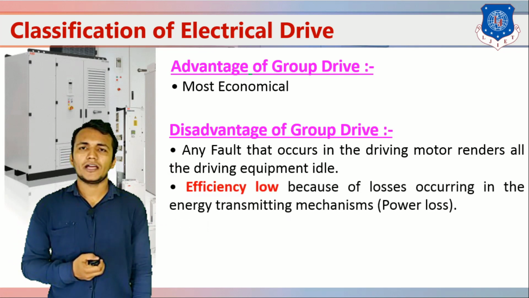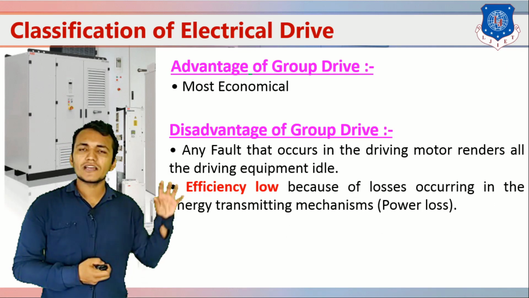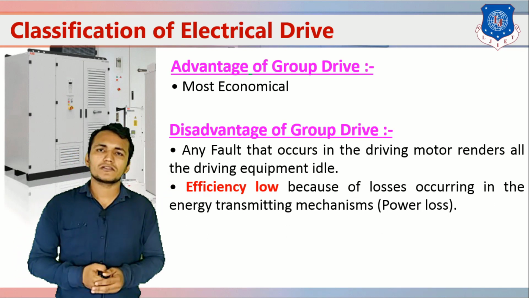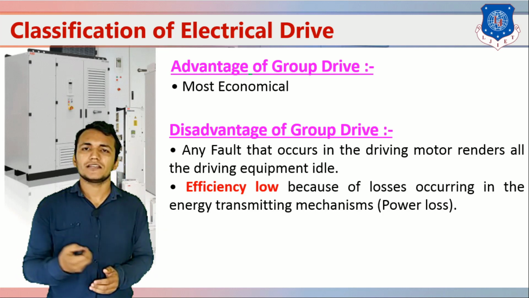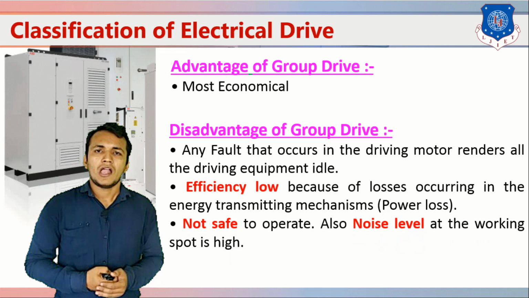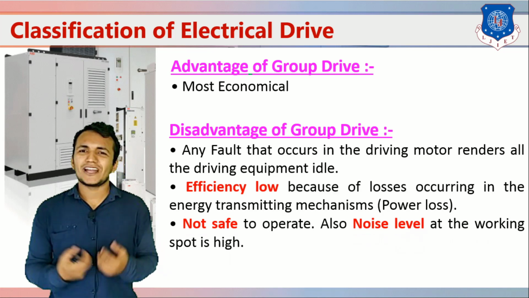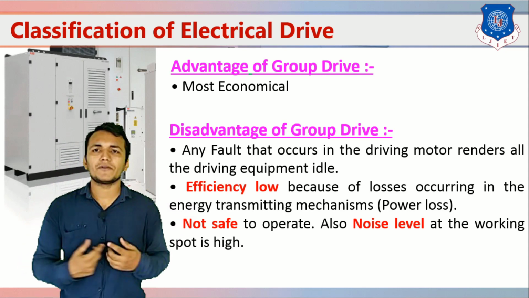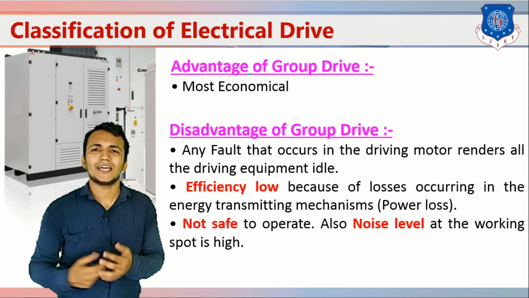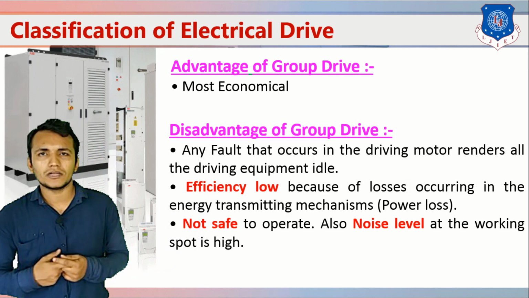The next disadvantage is that efficiency is low, because of losses occurring in the mechanisms. And sometimes the noise level at the working space is also high, because a lot of operations are run at the same time by the same motor. Those are the disadvantages of group drives.